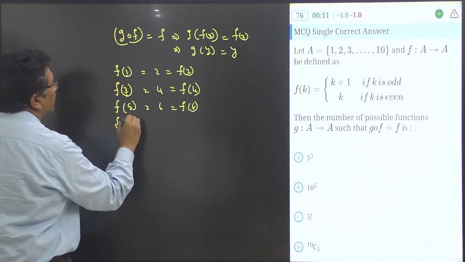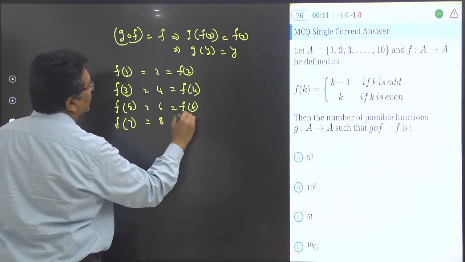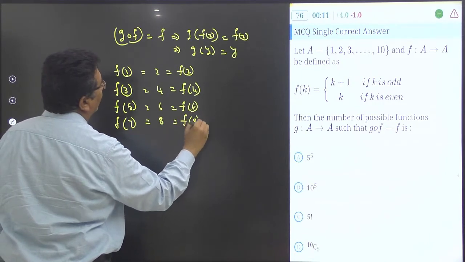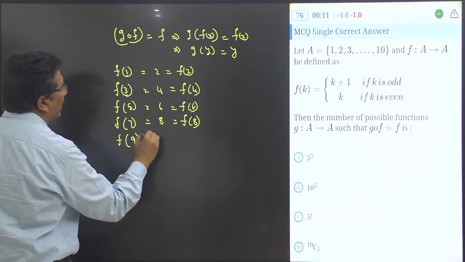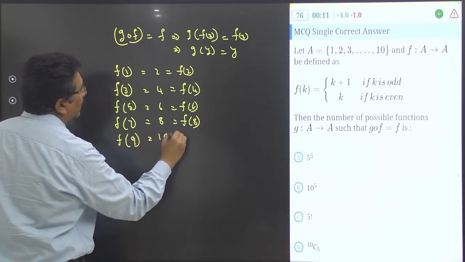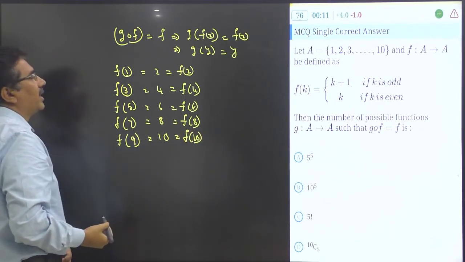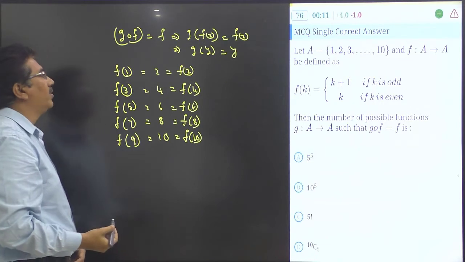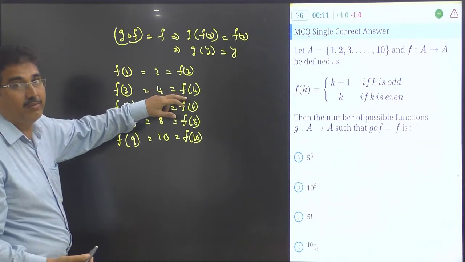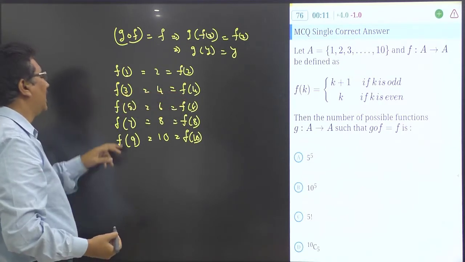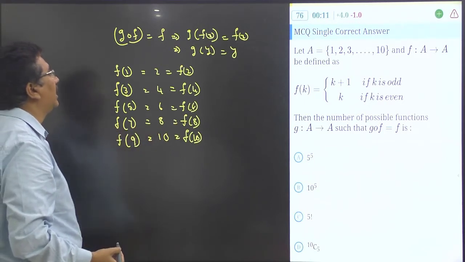Now f of 7 is equal to 7 plus 1, 8, that is also equal to f of 8. Now f of 9 is equal to 9 plus 1, 10, that is equal to f of 10. So f of 1 equals f of 2 is equal to 2. Similarly, f of 3 is equal to f of 4 is equal to 4, and f of 10 is equal to 10.